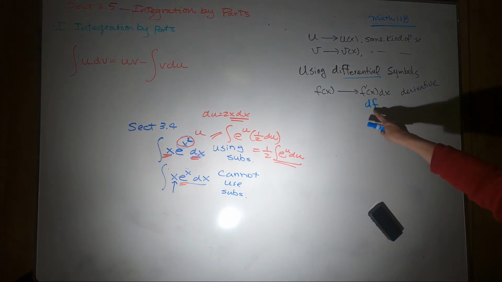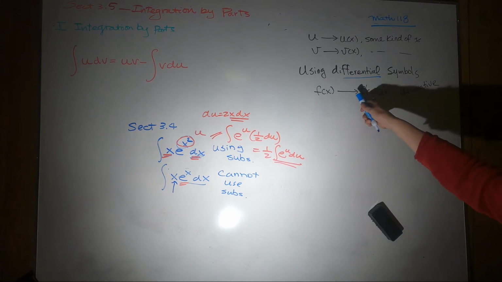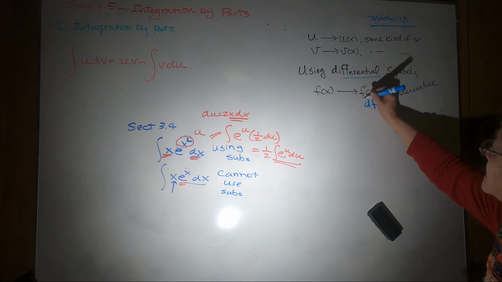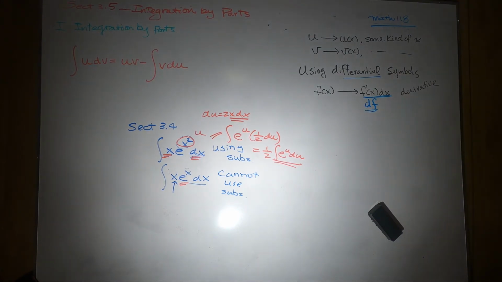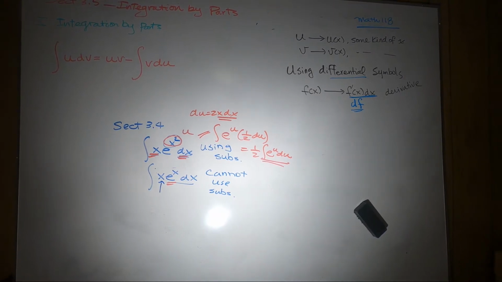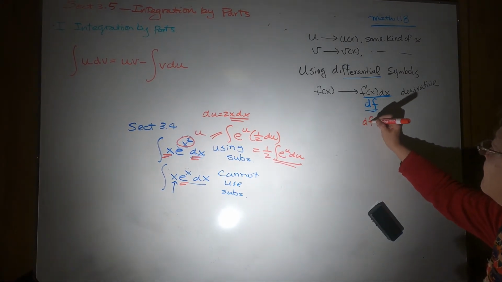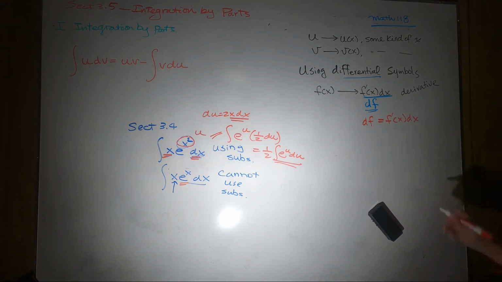I'm going to use just df. df for the f of x means this thing. They are the same. We are going to use a different symbol. So it means this way as well. If we use the different symbol, it means df equals f prime of x dx.